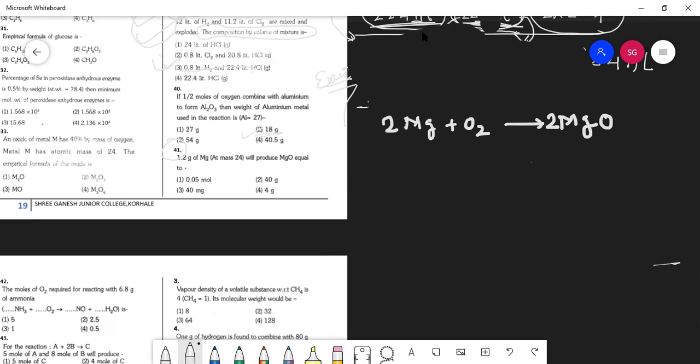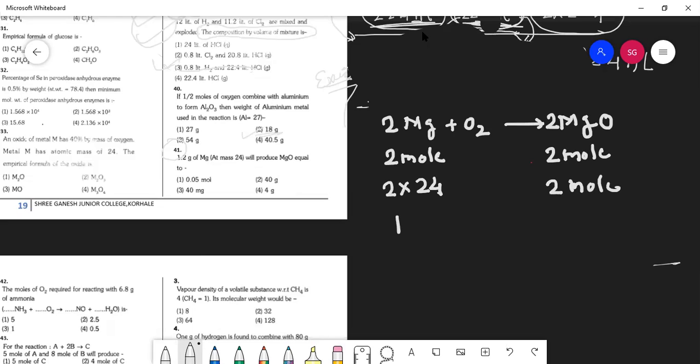So I know Mg is, can I write, students, 2 moles of Mg will produce 2 moles of MgO? So if I write 2 into 24, because 1 mole means 24, it will produce, here moles form only it is given, so 2 moles.